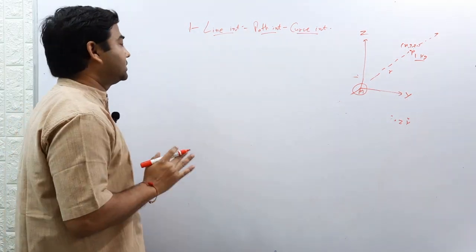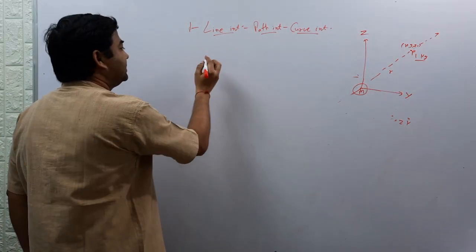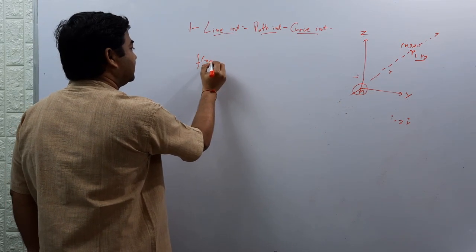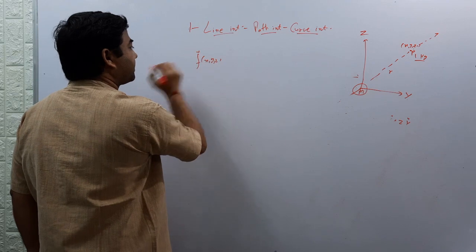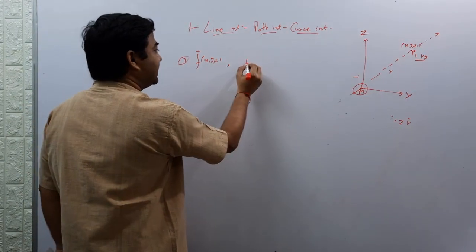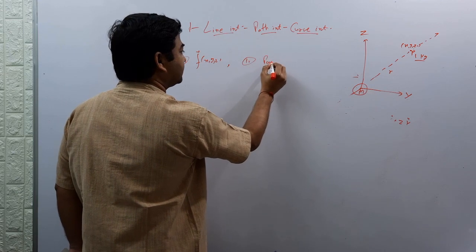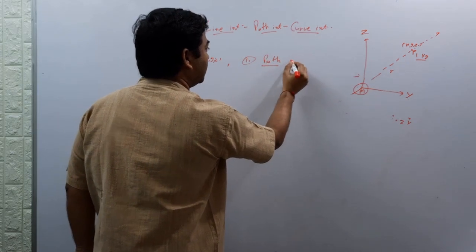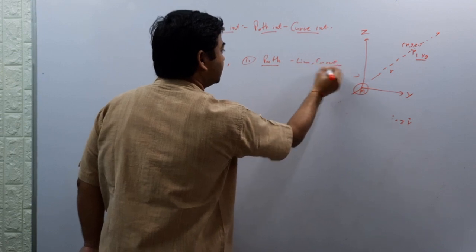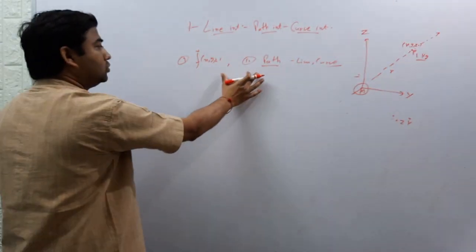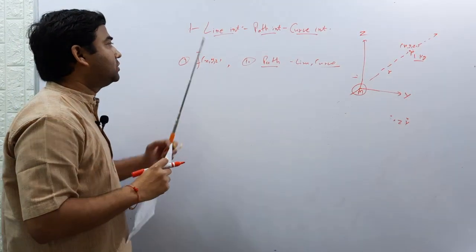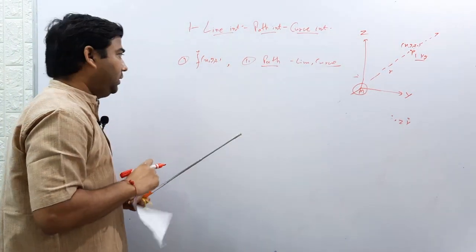They are different names. So line integration is defined as follows: there is a vector field, first thing, and second, there is a path or line or curve, whatever you can say. These two things have to be there to carry out the operation of line integration.